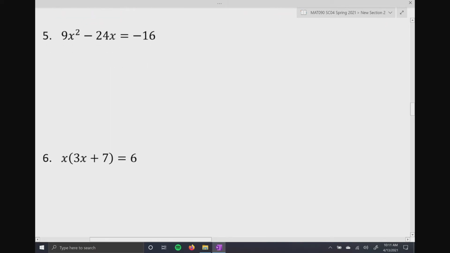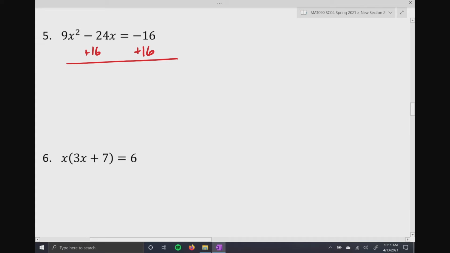So number 9. Step 1, I got to set it equal to 0. This is not equal to 0 right now. This equation is equal to -16. So the first thing I need to do is add 16 to both sides. In order for me to use my 0 factor theorem, it has to equal 0.